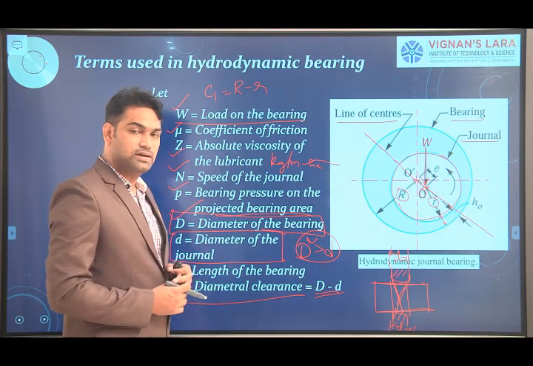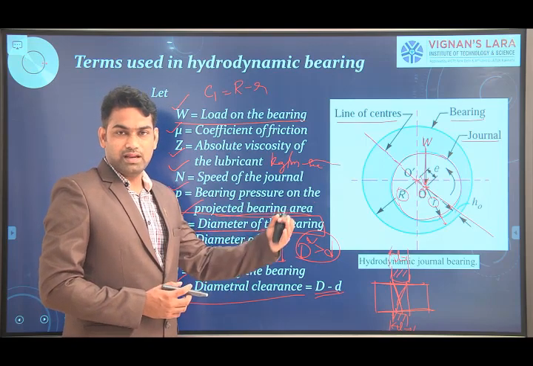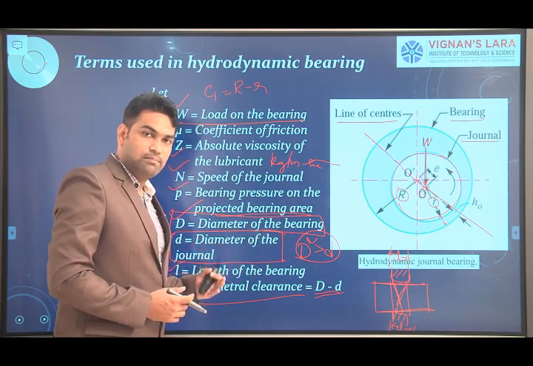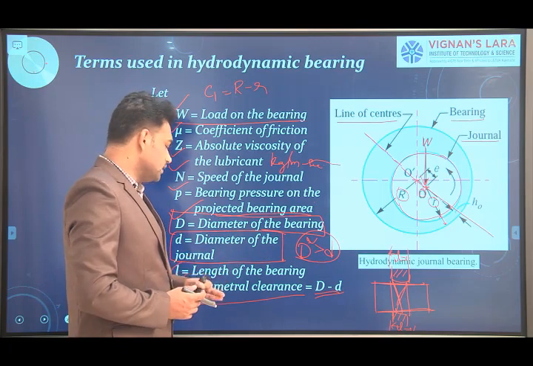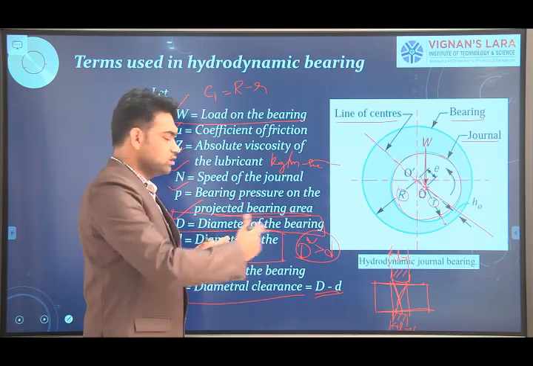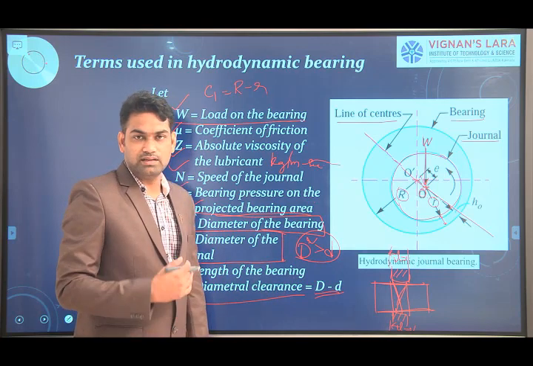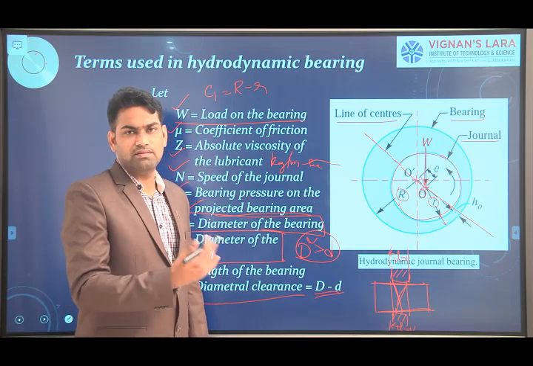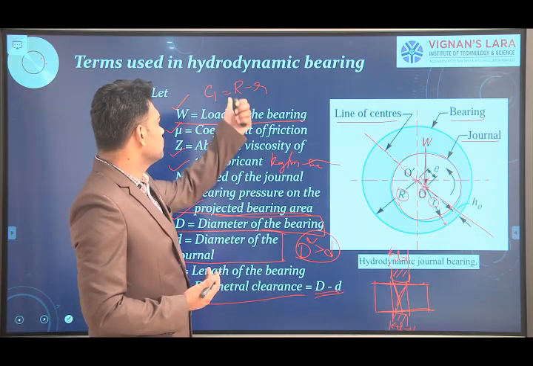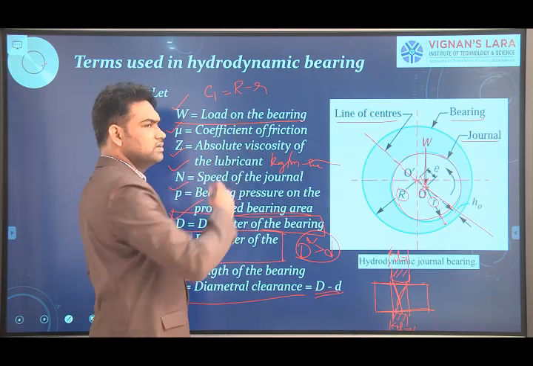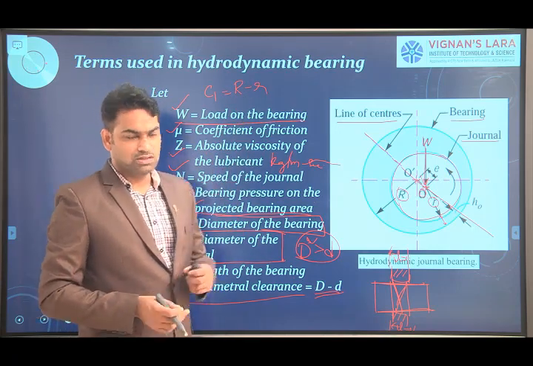Capital D is the diameter of the bearing, larger than the diameter of the journal, small d. L is the length of the bearing. C is the diameter clearance, the difference between the diameters. If you take the difference between the radii, you can take this as C1, equal to capital R minus small r.